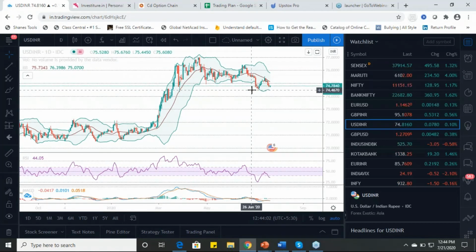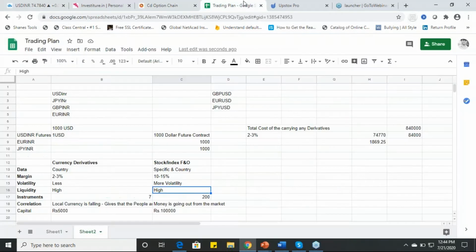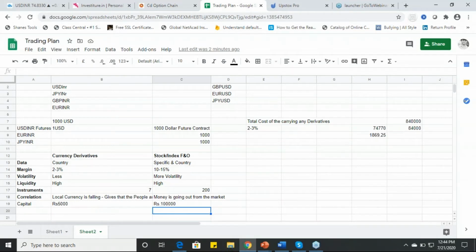If you are trading options as well, there are lots of opportunities in writing those options, and even if you are buying those options, you know which monthly options to buy. One more thing with options: in index, there is a weekly expiry, right? Similarly, on currency also there is a weekly and monthly expiry of the contract.